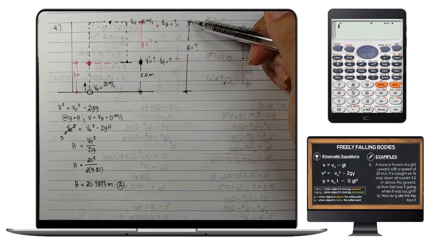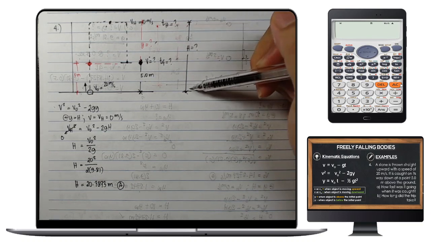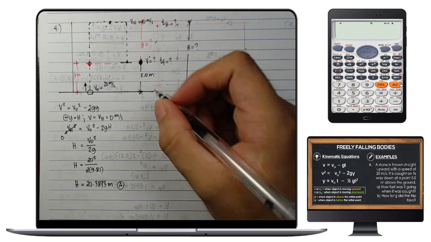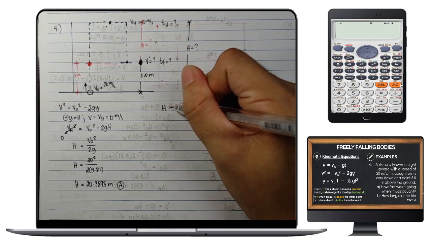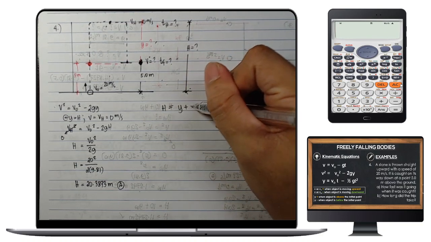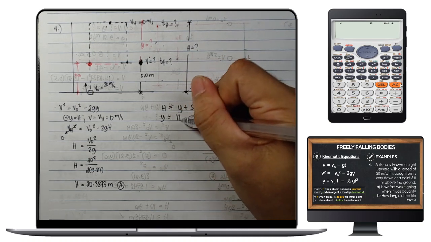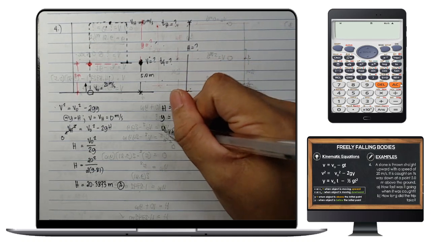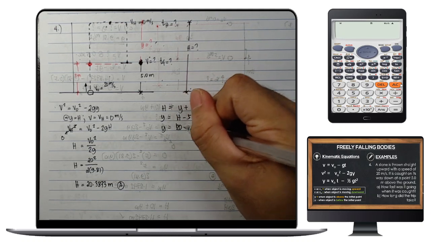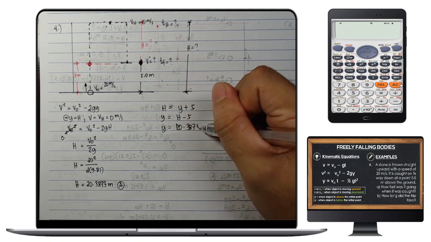And from this figure, h natin is equal to y plus 5. So we can use that equation. Therefore, y natin is equal to h minus 5. And we have the value of h to be 20.3873.